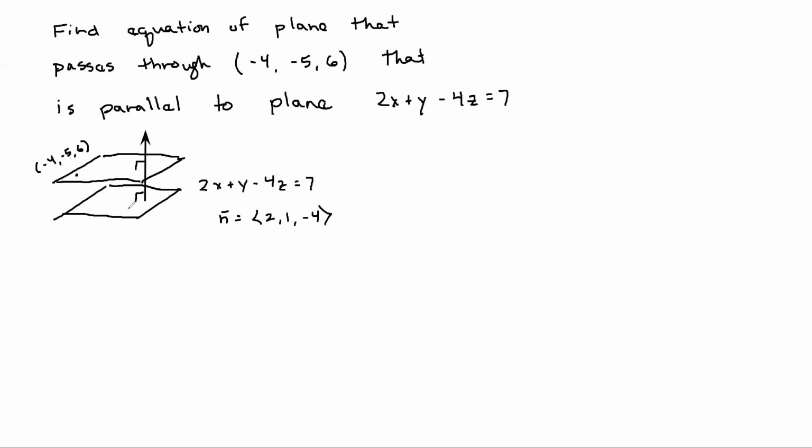Just moving a plane up and down in the direction of the normal vector is not going to change the angle that the plane forms with that normal vector. So that's the idea. Basically, another way of saying this is that parallel planes have parallel normal vectors.